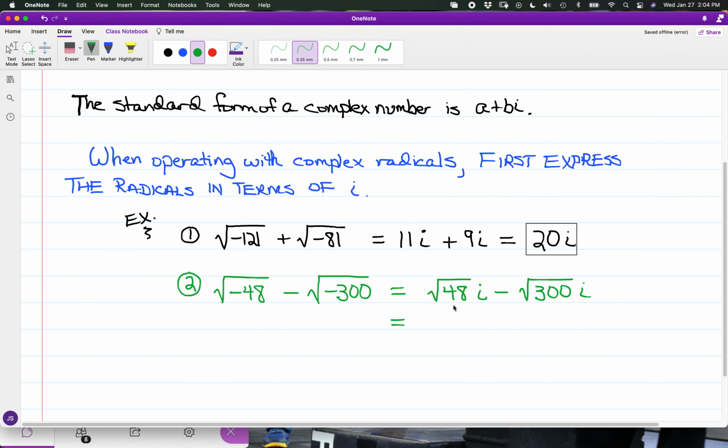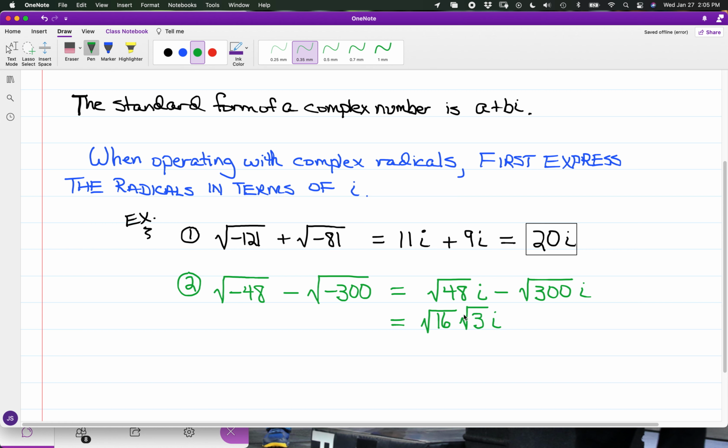And in terms of these numbers here, 48 is not a perfect square, but it is a number that has perfect squares higher than 1 as factors, and the highest perfect square that will go into 48 is going to be 16. And 16 will go into 48 3 times.